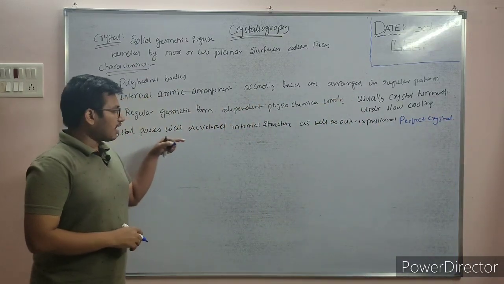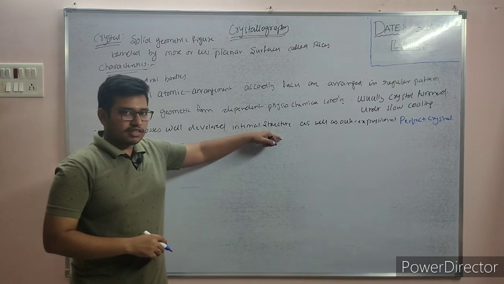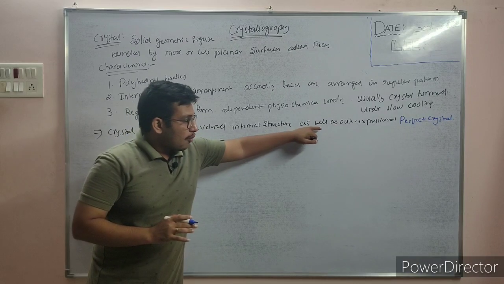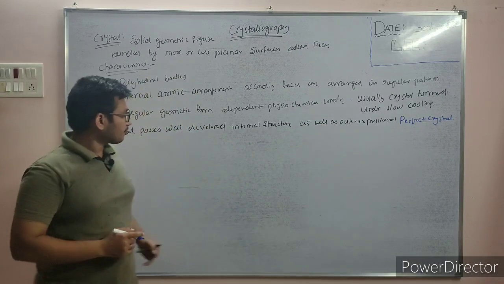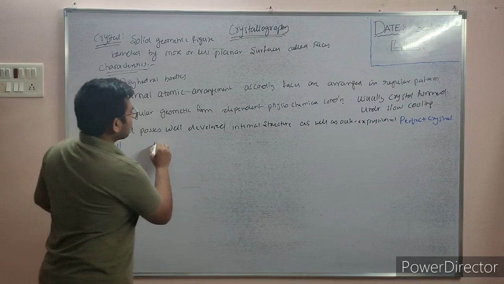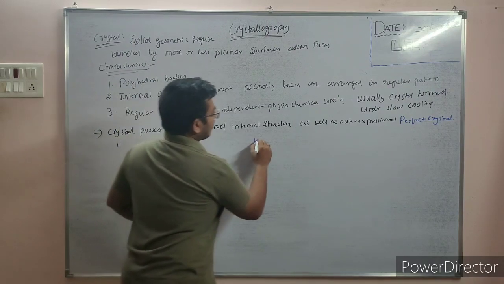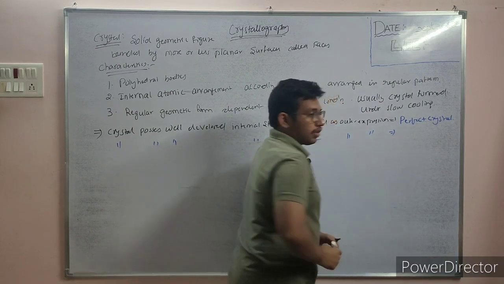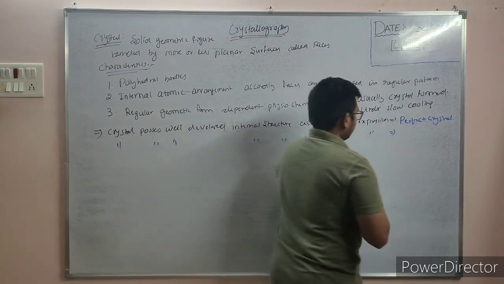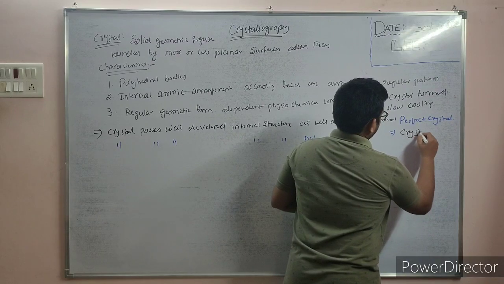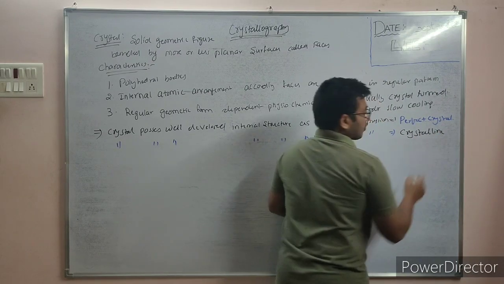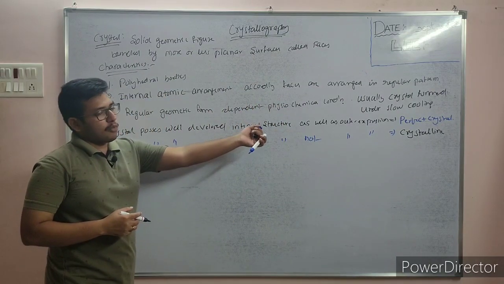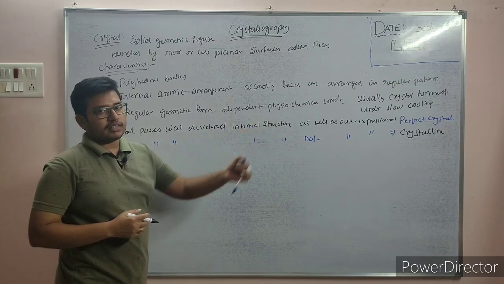Suppose if the crystal has a well developed internal structure, a very well developed internal arrangement, but it does not contain well developed outer expression, what do you call it? Crystal possesses well developed internal structure, not outer expression. You call them crystalline. Those crystals which only possess internal structure and do not contain well developed outer expression are called crystalline.